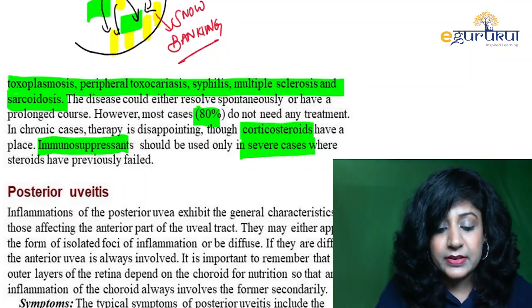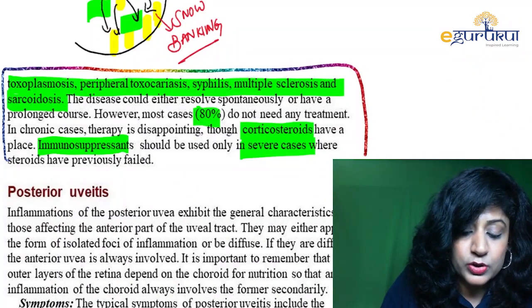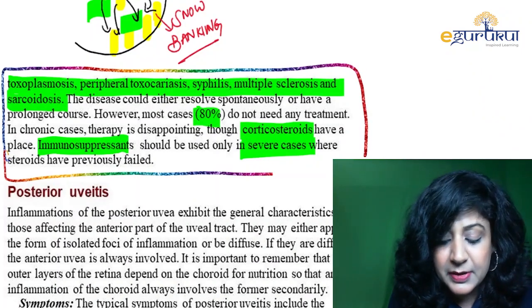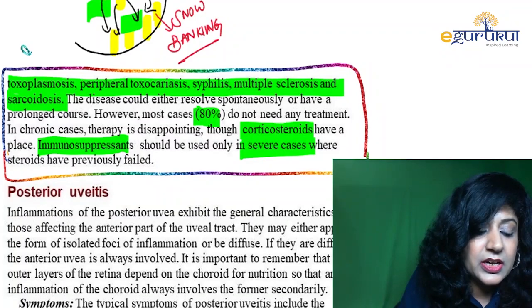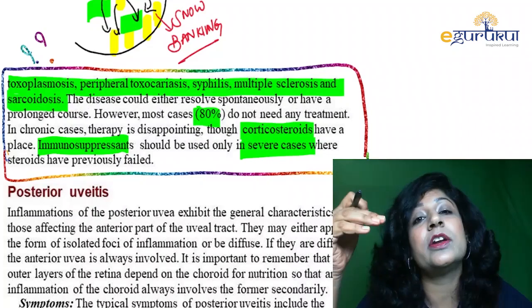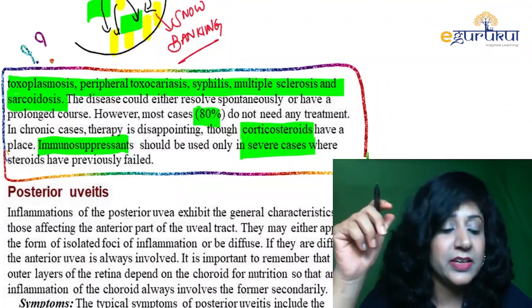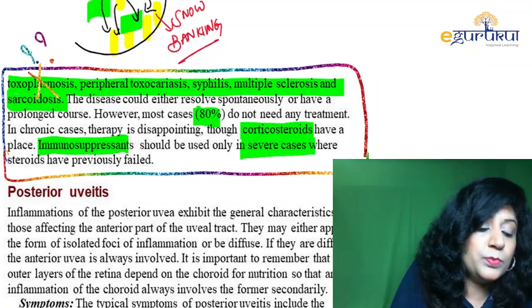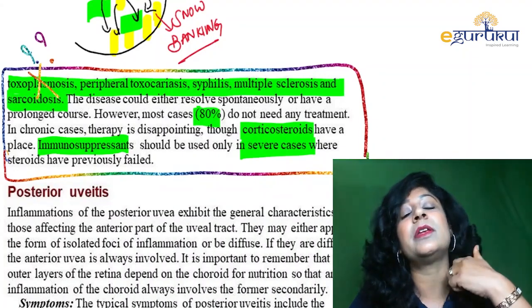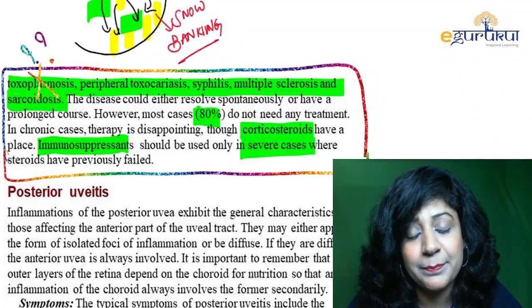Now one thing is a little surprising here, that they have given you toxoplasmosis in intermediate uveitis, which is not very convincing, because in toxoplasmosis we have granulomatous panuveitis, and I think it is not very appropriate to mention toxoplasmosis in intermediate uveitis because it is the most common cause of posterior uveitis in India.